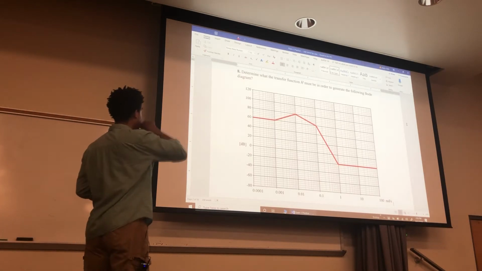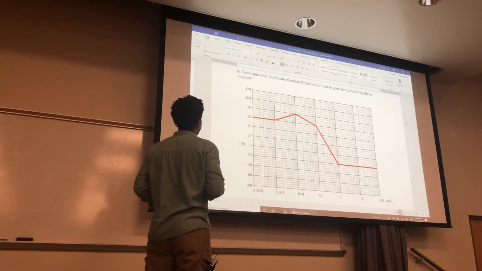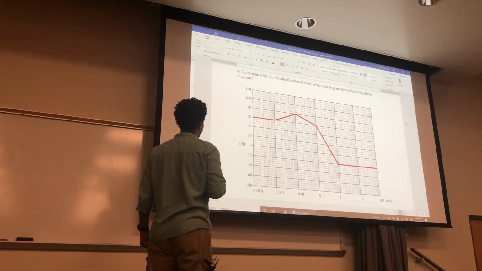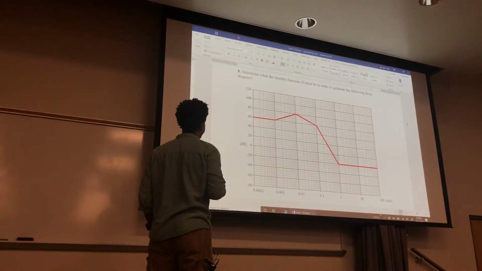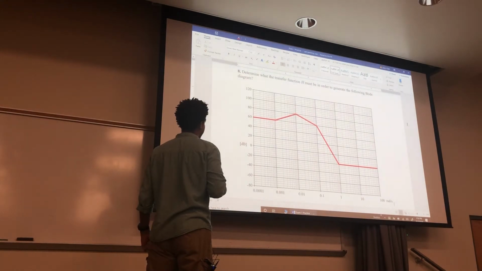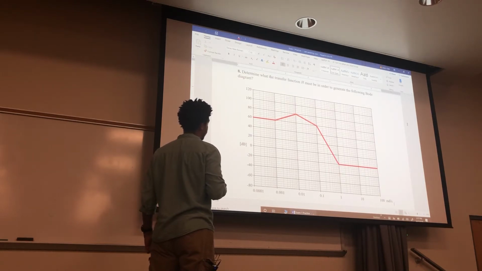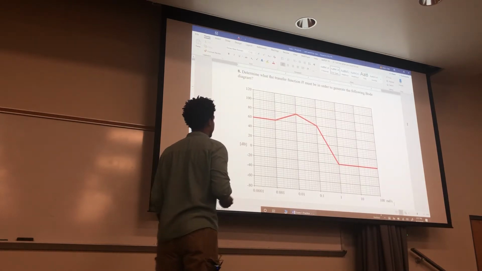Okay, so all we have to do is, well, it starts off with this DC offset, and then we just see how many 20 decibels per decade slopes we have to worry about going along the way.